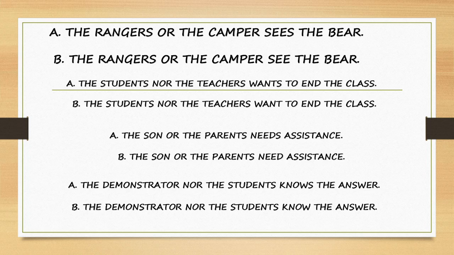First sentence: A, the rangers or the camper sees the bear, or B, the rangers or the camper see the bear. Which one is correct? Is it A or B? The answer, sir, is B.